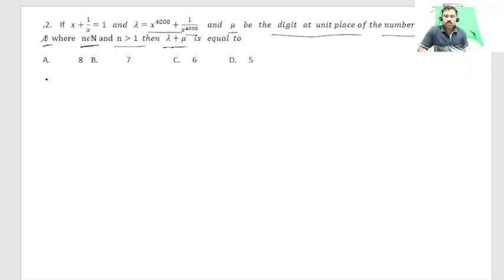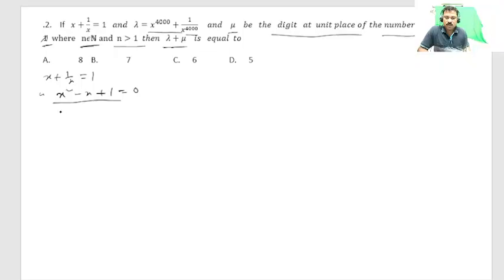So first we write x + 1/x equals 1. So x square minus x plus 1 equals 0. Surely the roots of this equation are complex numbers.